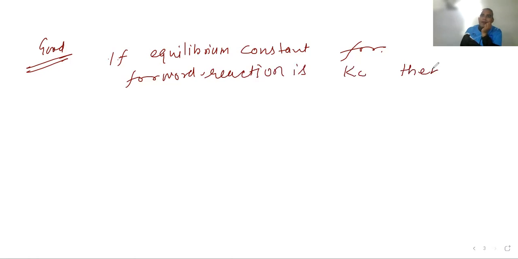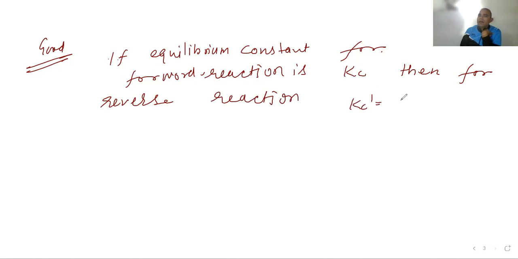Then for the reverse reaction, if you are reversing, Kc dash is equal to what will be there? 1 upon Kc. Understood? Yes, sir. This is point number 1.